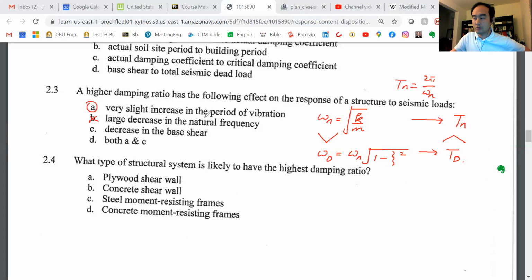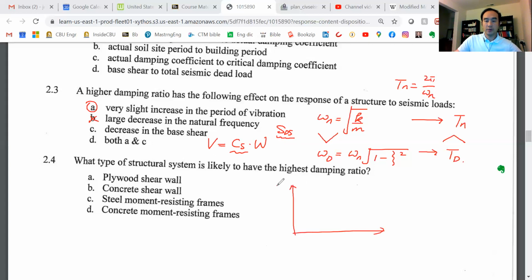Decrease in base shear. So think about the base shear equation. V is equal to Cs times W, and the Cs is a function of SDS and R and I. And SDS is a response value coming from the response spectrum. In the response spectrum, we have spectral acceleration versus period.